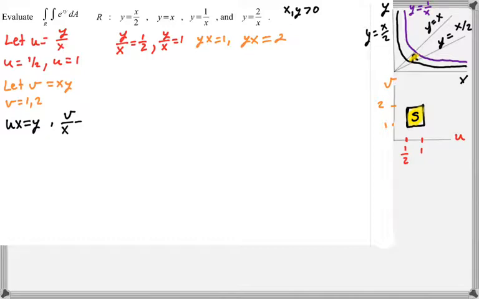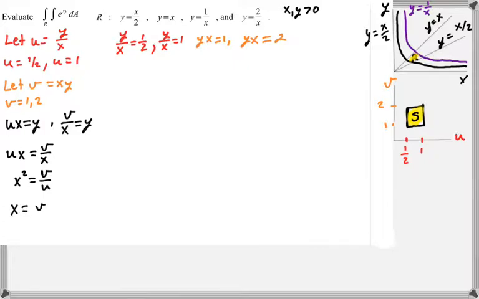If we divide v is equal to xy by x, we have v over x is equal to y. So they're equal to y, so they're equal to each other. So ux is equal to y, v over x is equal to y, so u times x is equal to v over x. Okay, multiply by x on both sides and divide by u, so you have x squared is equal to v over u.